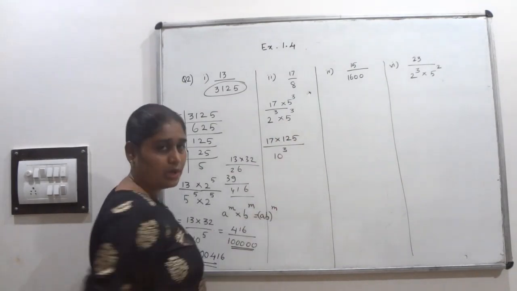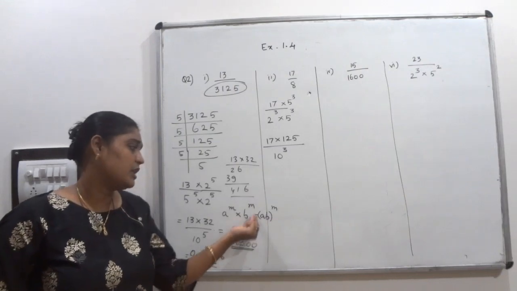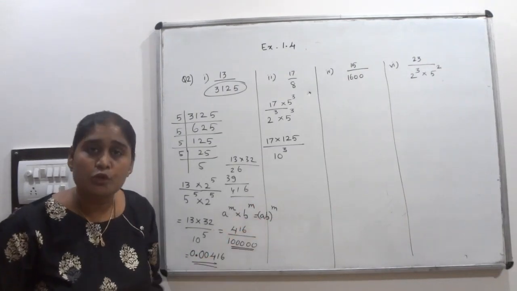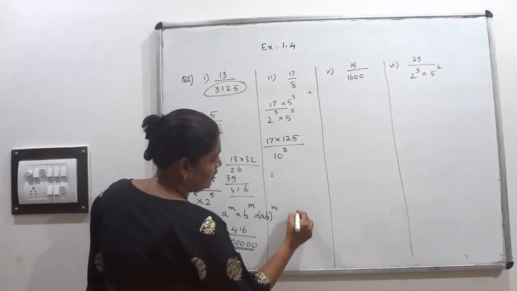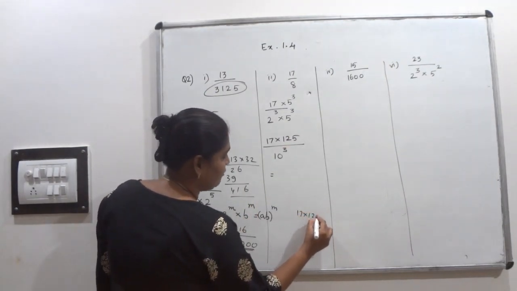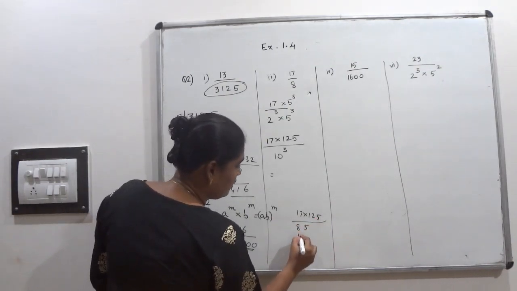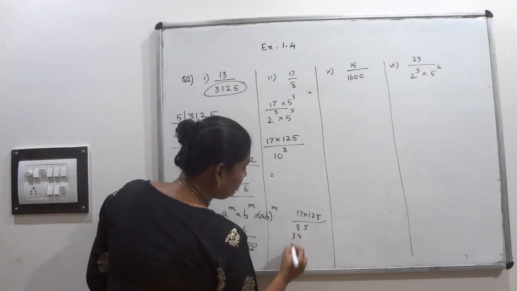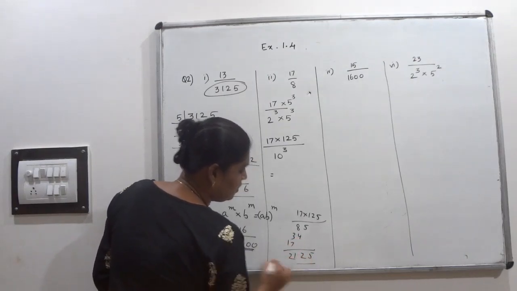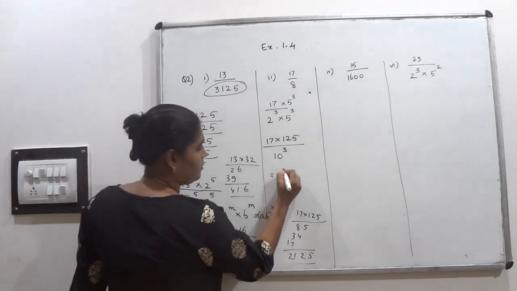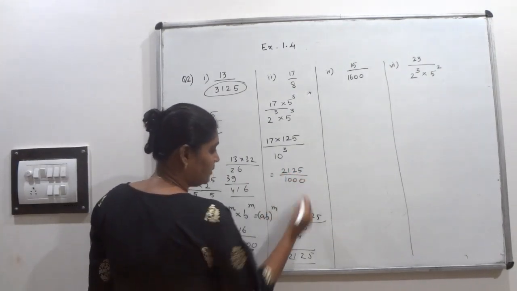The common power is 3. I have to use the identity a power m into b power m equals ab whole to the power m. Now multiply 17 into 125, which is 2125, upon 1000.